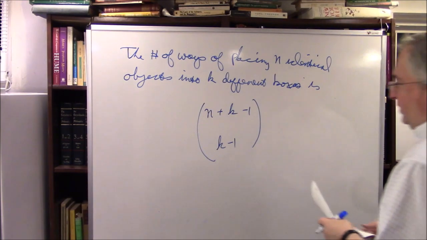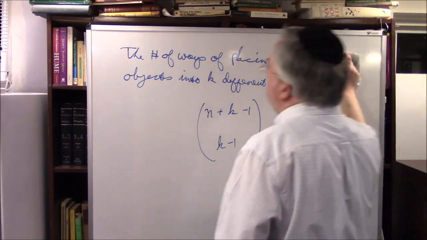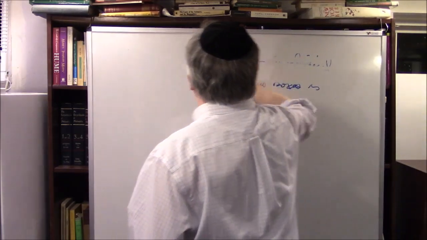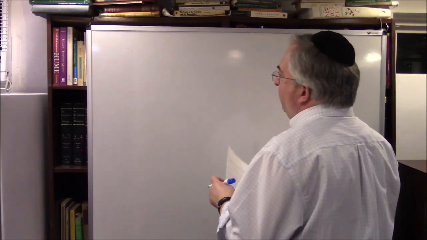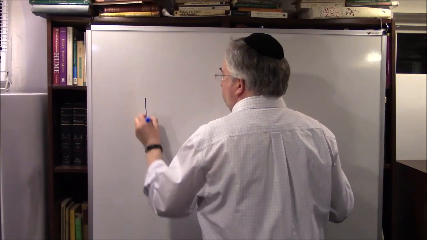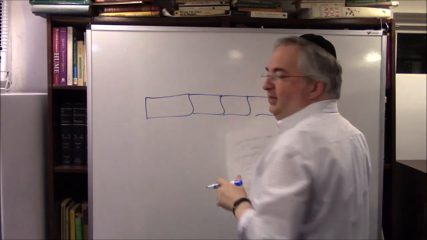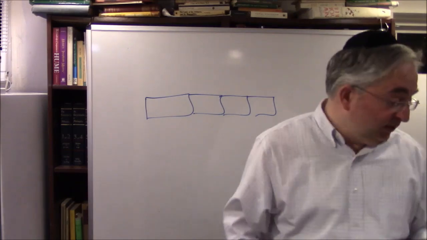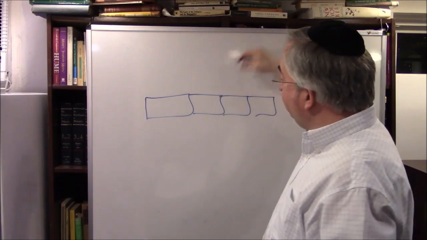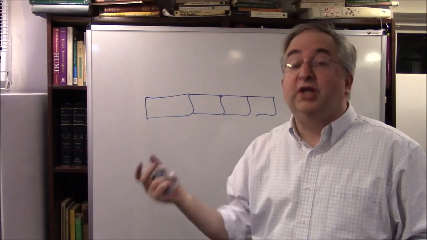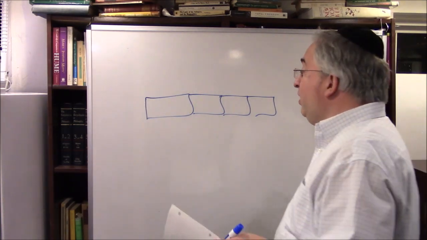The idea is as follows. You have 4 types of candies. You want to choose some of these, some of these, some of these, some of these, such that you get 10 altogether.